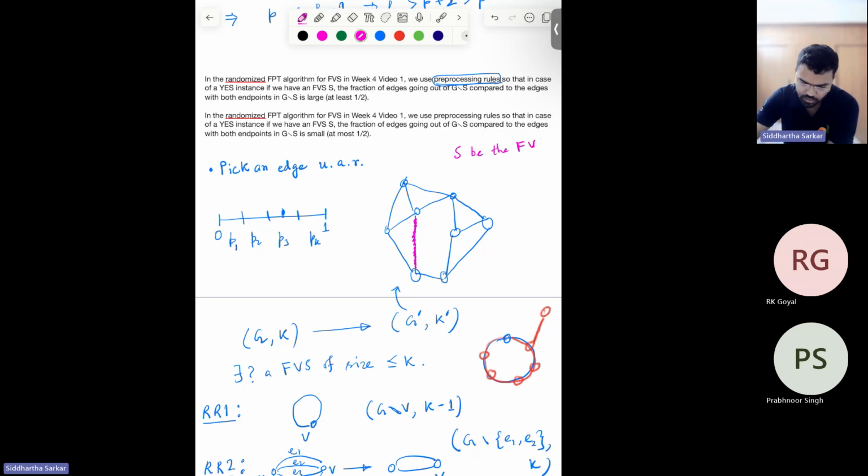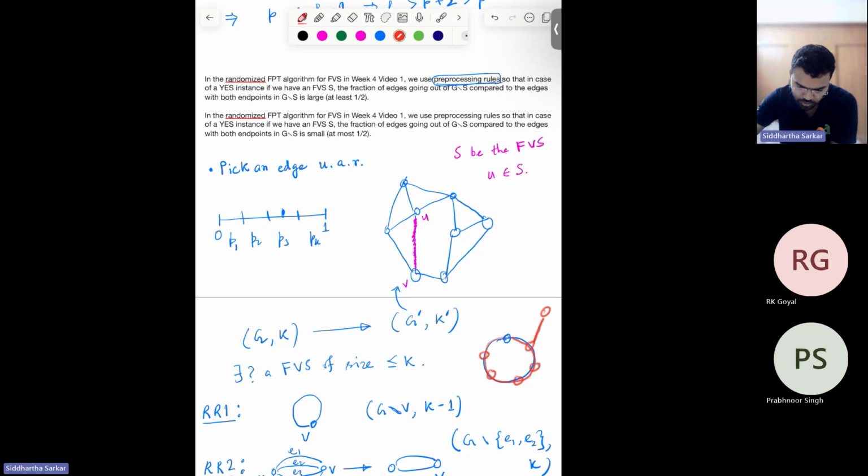Then what I do is I will pick one of the, let us say this is UV. So again, I'll toss a coin, and with 50% probability, I'll pick U into S, and with 50% probability, I'll pick V into S. So let us say U goes to S. And then I repeat the experiment. Whenever I have picked U, so many cycles get deleted.